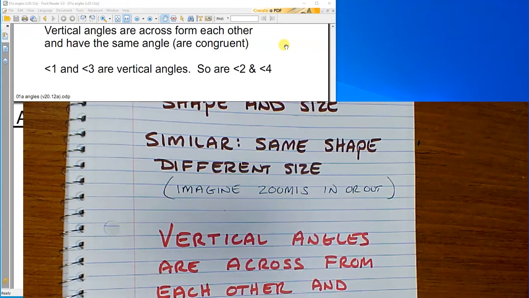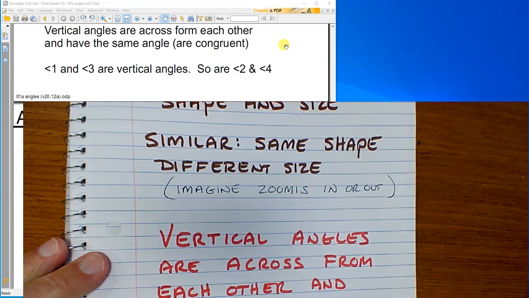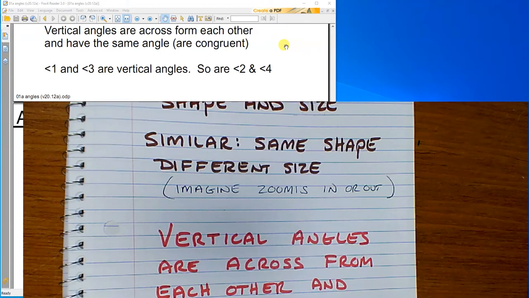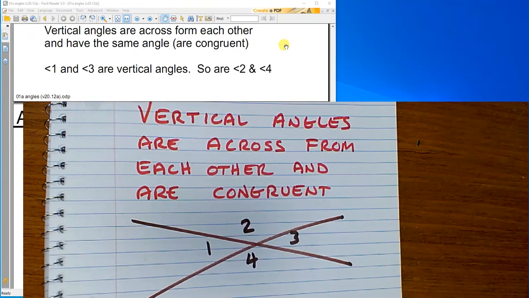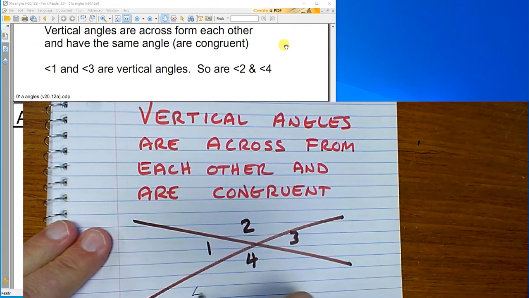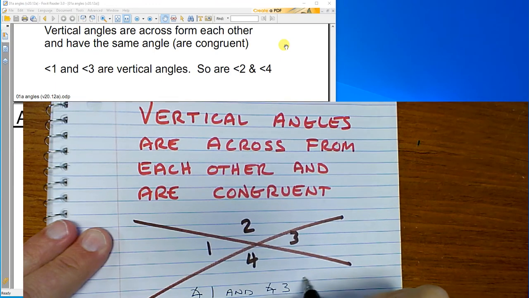So if I have some vertical angles here, 1, 2, 3, 4. Angles 1 and 3 are vertical, and angles 2 and 4 are the verticals.